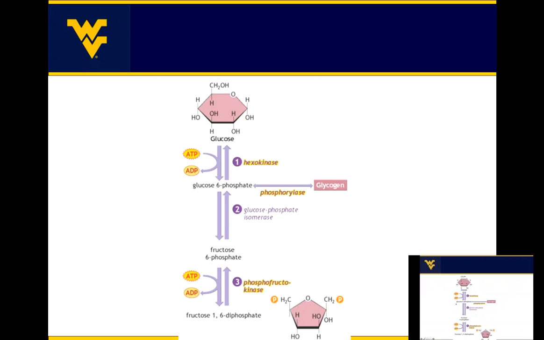But that requires energy to do this. Okay, so we actually have to put energy in to get energy out of our carbohydrate, our glucose molecule. Notice at step 3, another energy-requiring step is shown here.